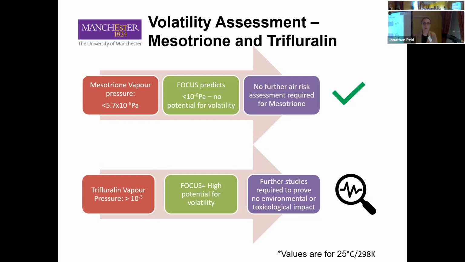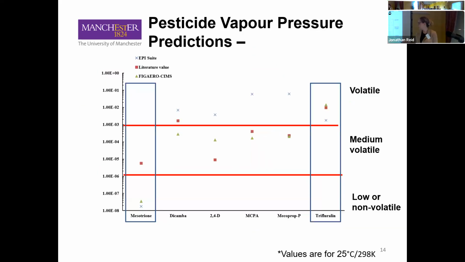Also to note, when I was able to go to Syngenta and learn more about the renewal process, the value in the literature was actually seen as less than 1. So it was quoted in the literature as 1 times 10 to the minus 6, which is something that I'd missed before, suggesting that the value here is actually that and below.